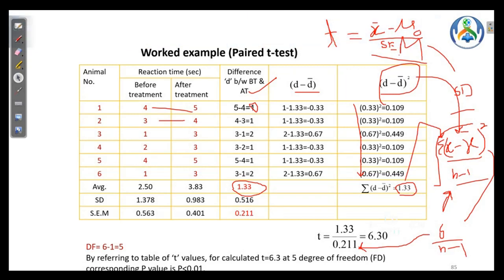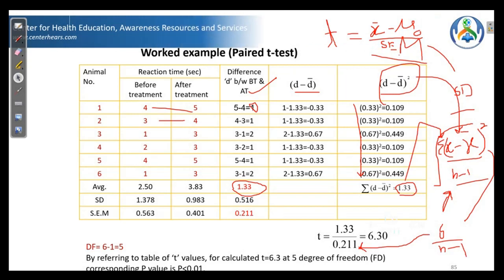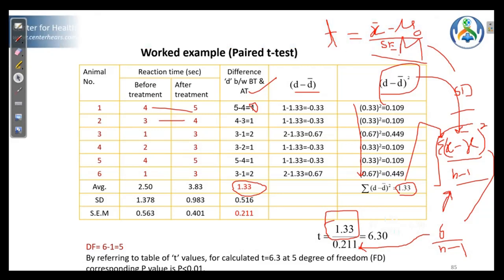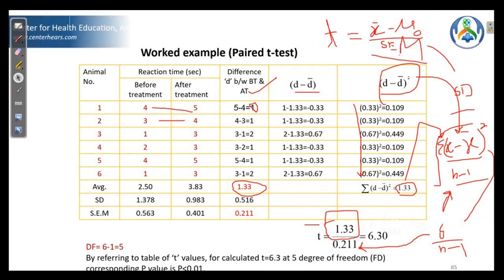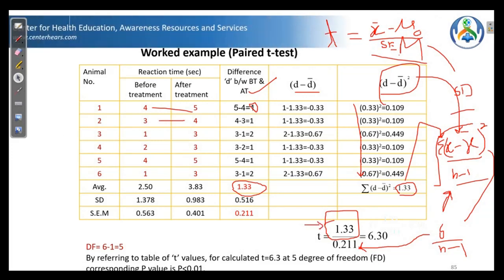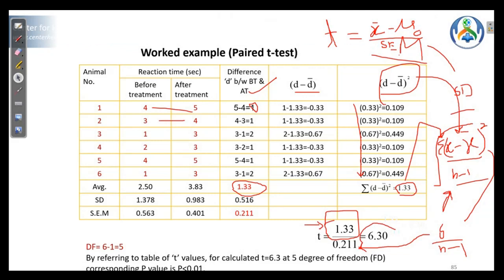Above, we will have T is x bar minus mu naught. Above we will get the 1.33 value, and we'll calculate. We are getting T equal to 6.30.